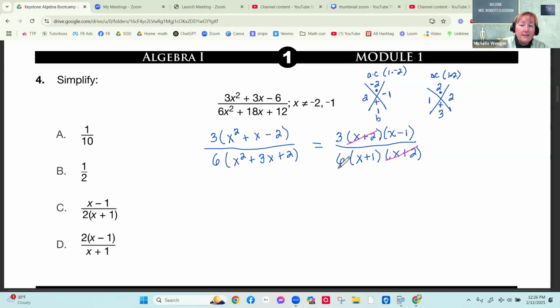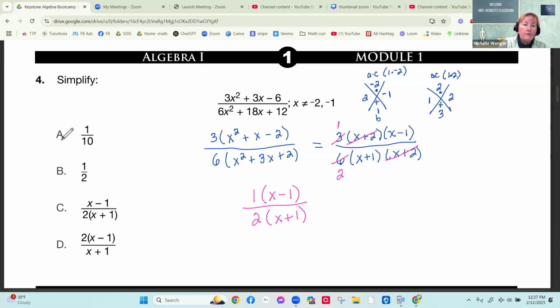I also know that 3 over 6 simplifies: this simplifies to 1, and this simplifies to a 2. So what I have now is 1 times x minus 1 over 2 times x plus 1.